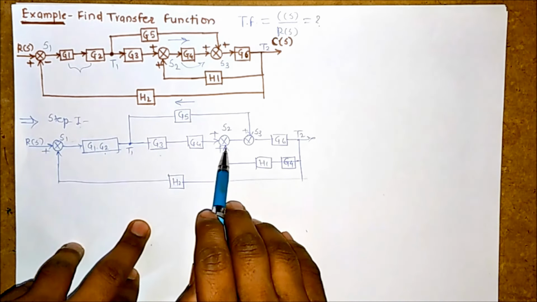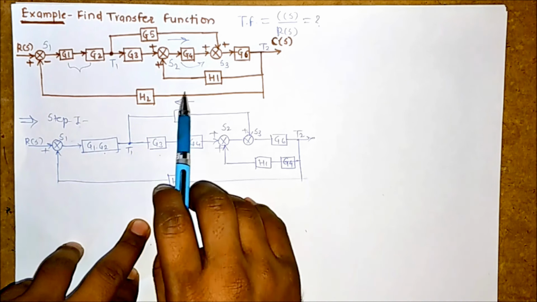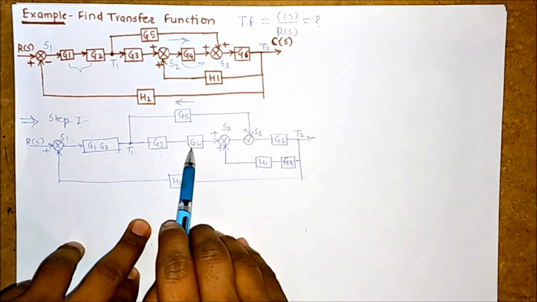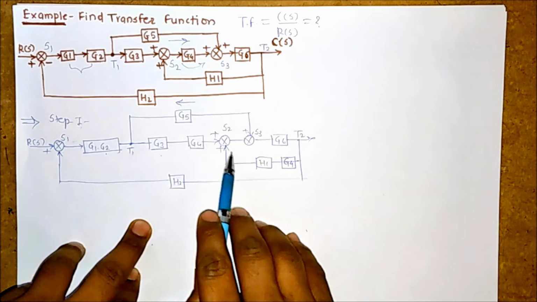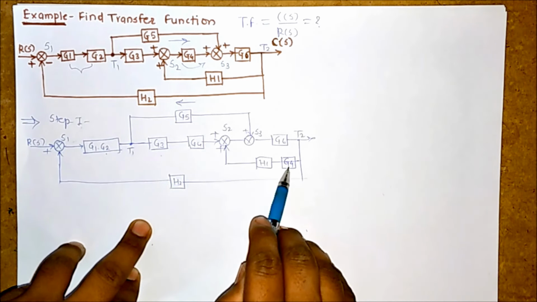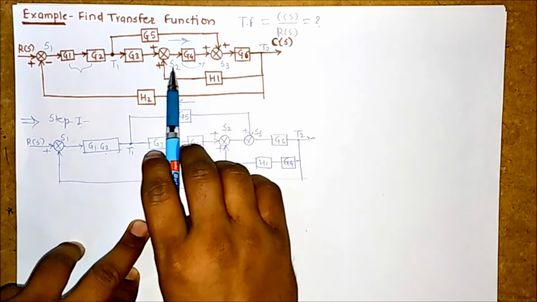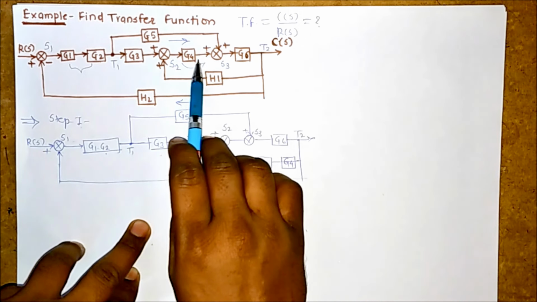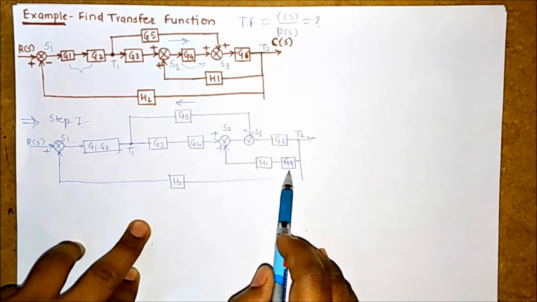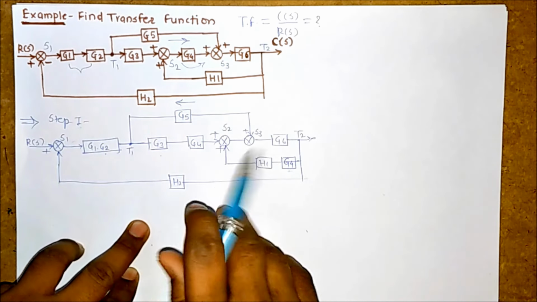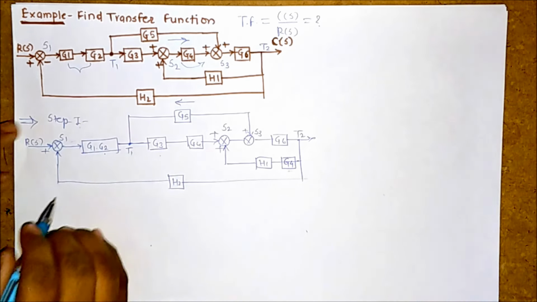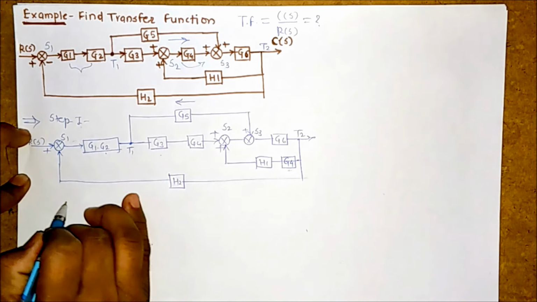Now if you look at the solution, I have shifted this S2 point to the right hand side of the block, so I have added one gain. Means while shifting the summing point to the right hand side, you have to add the gain of the block across which you have shifted the point. Okay, now see step second.